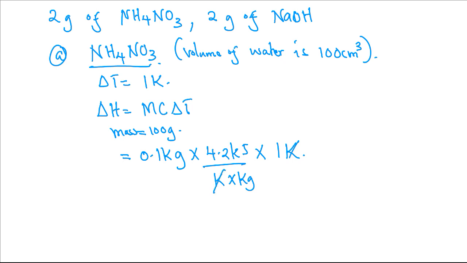So that cancels, and that also cancels out. So we have 0.1 times 4.2 giving 0.42 kilojoule. That can also be 420 joules. J has to be capital because that is the name of a person.